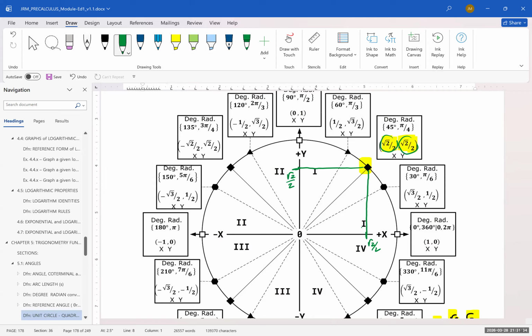And it does that because of the nature of this angle. It's 45 degrees there, and it's 45 degrees there.